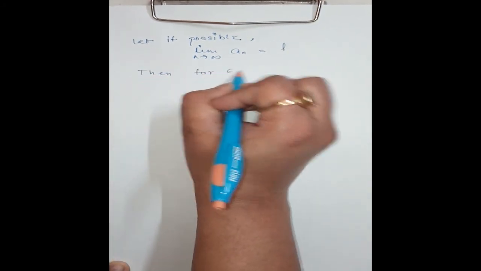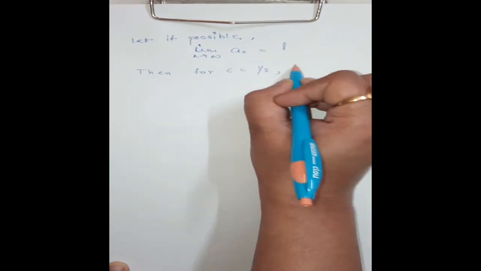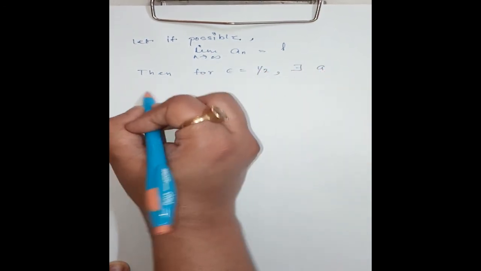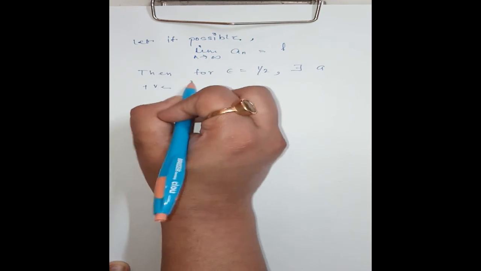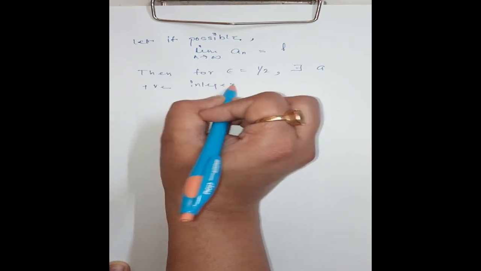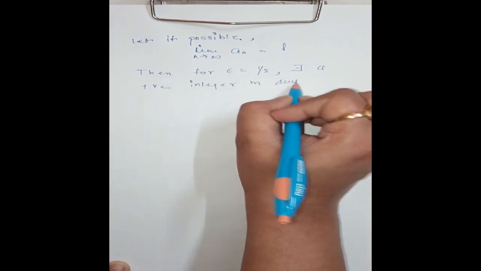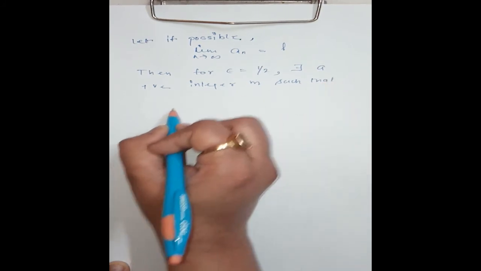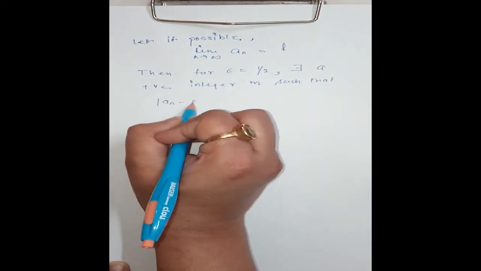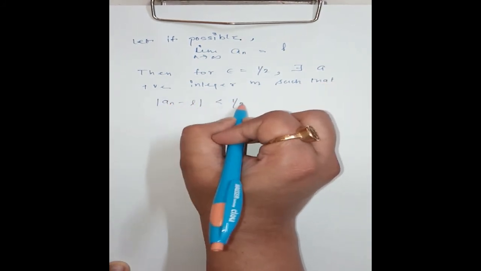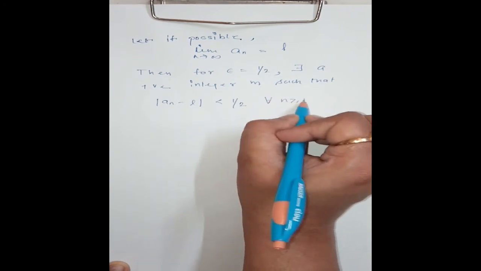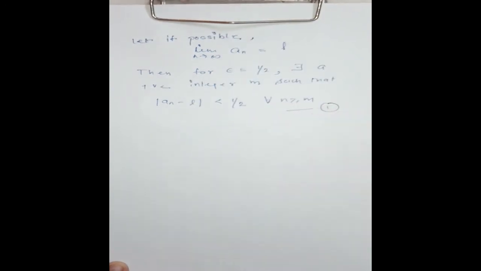for epsilon equal to 1 by 2, there exists a positive integer m such that mod a_n minus l is less than 1 by 2 for all n greater than or equal to m by definition. Okay, mark this as 1.